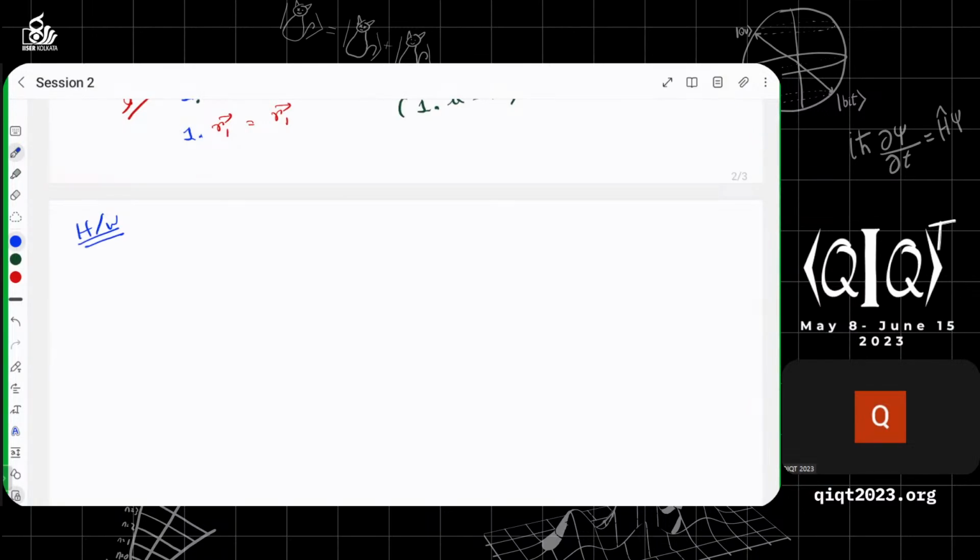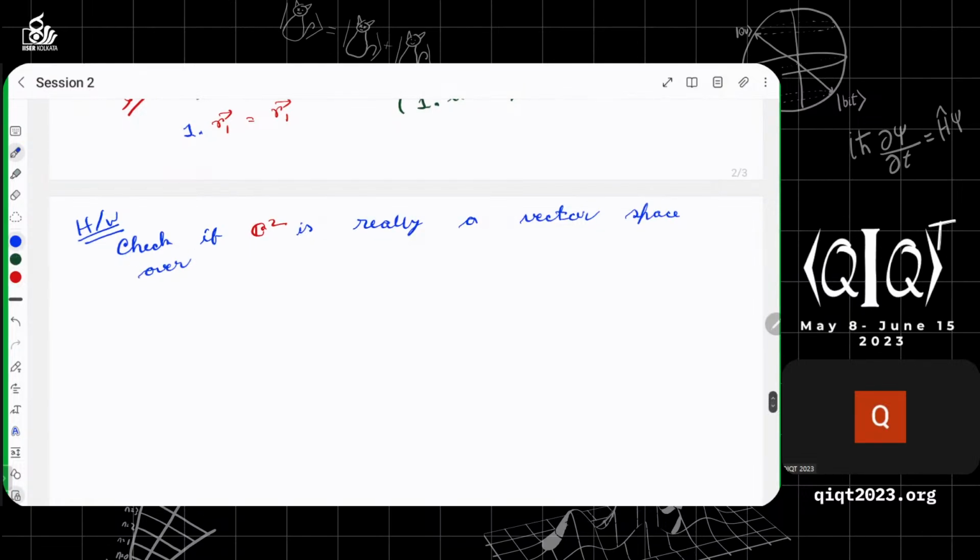Now, having written down these conditions, I would ask you to check if this C2 is really a vector space over C. So basically here C is the field and C2 is the vector space.